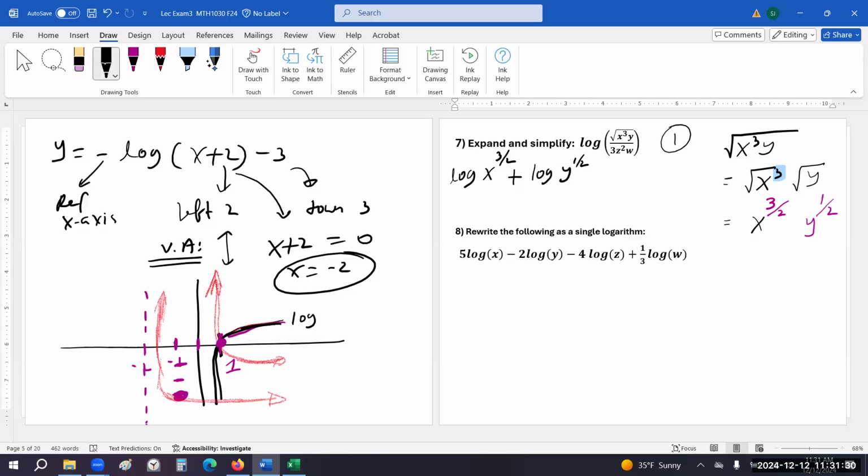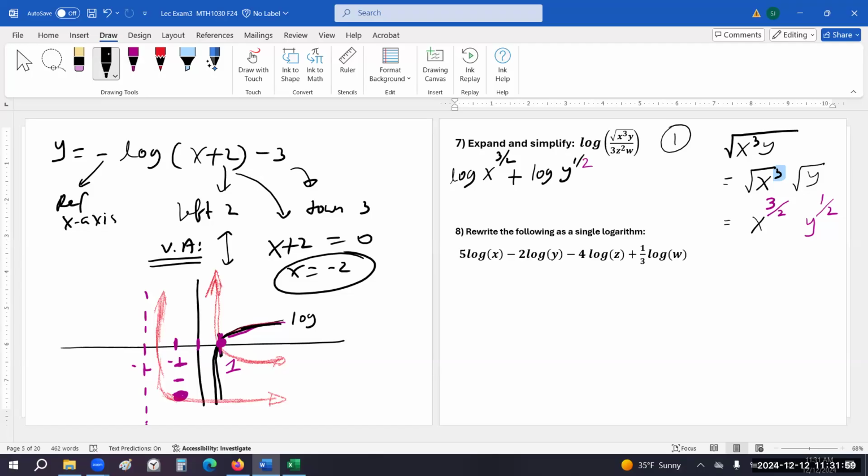Anything you have on the denominator, everything gets a negative sign, not only the first thing. What do you mean by the even number? Square root of 4, something like that, then you do 2, if you can simplify that. But if you cannot, leave it alone. Everything from the denominator gets minus.